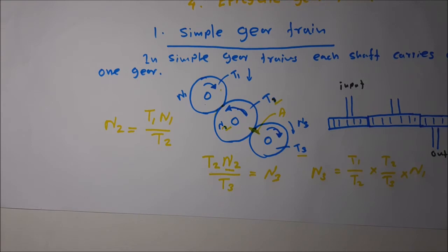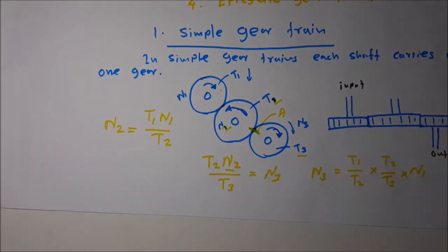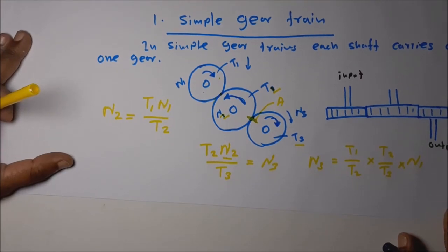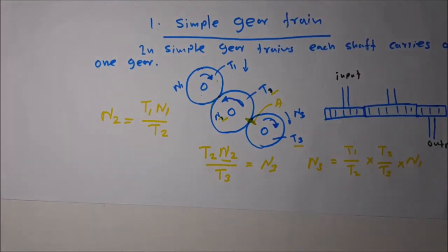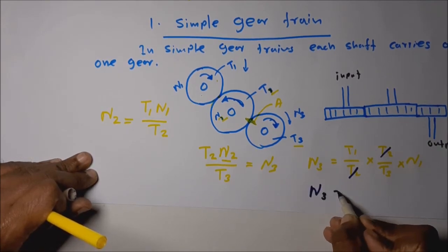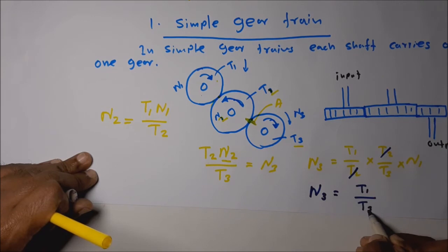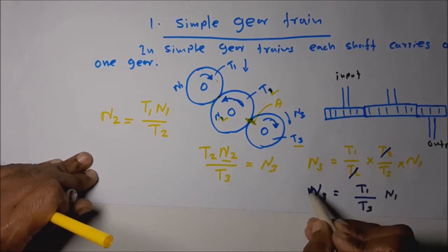We can further simplify this equation: N3 is equal to T1 divided by T3 into N1.